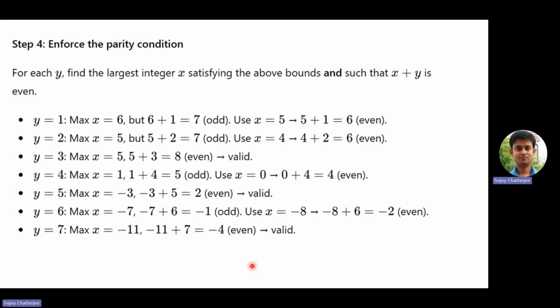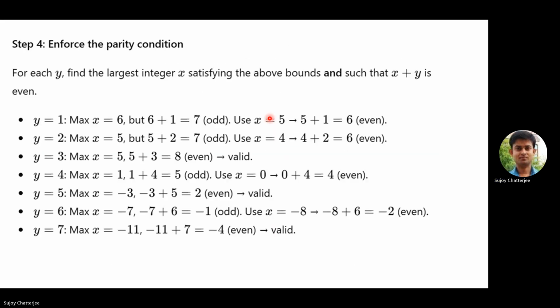Because if we add two even numbers, the result will also be an even number. So when y is equal to 1, max x is 6, but 6 plus 1, that means x plus y, is 7, which is odd. So we have to use 5, giving 5 plus 1, which is 6, which is even. So for this one, we have to set x as 5.